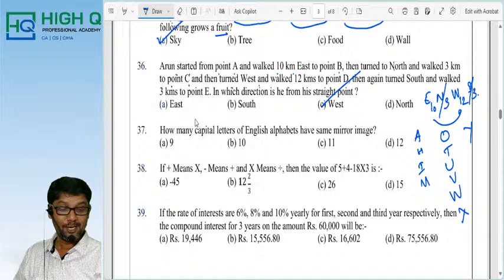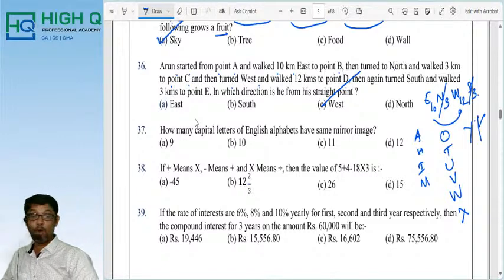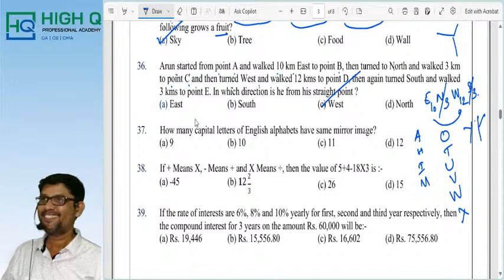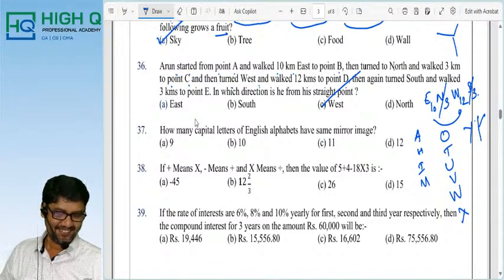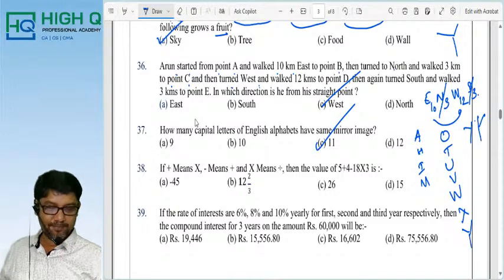Oh, mirror image. Why? I don't know. This way it will come, na, mirror image. Oh, this way. Yes, Y also possible. This is Y. Total 11.